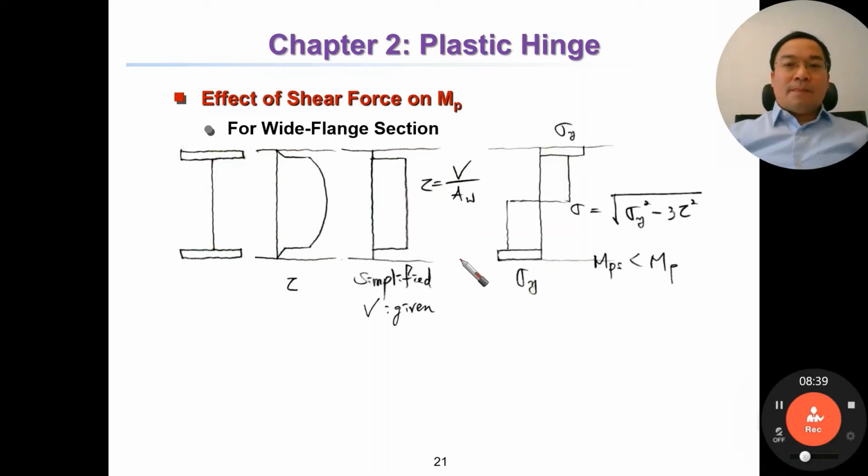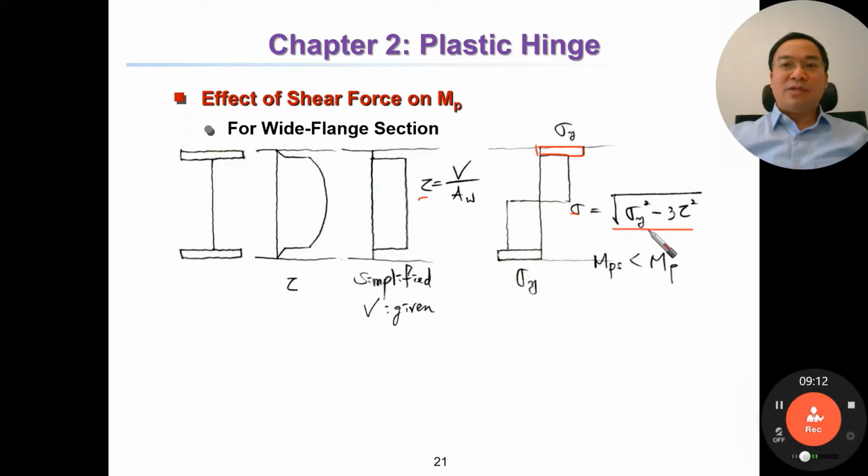And this is shear, and this is moment. This is the normal stress in a section. For the flange, the stress is sigma y. For the web, stress is equal to this equation due to the von Mises condition, right?